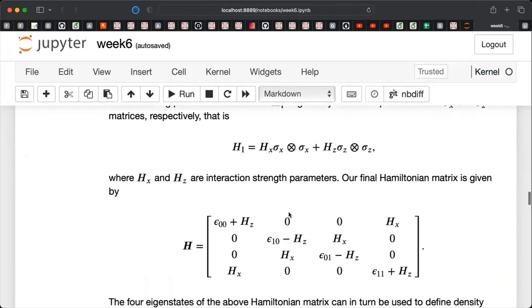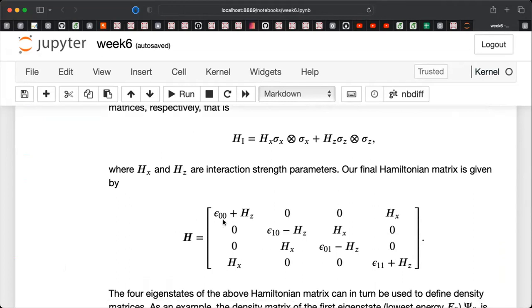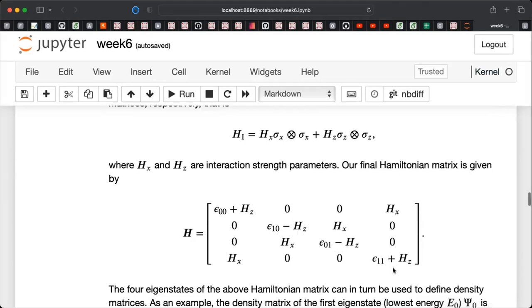So it means that along the diagonal, I will now have an epsilon 0,0 plus this interaction matrix element, which is going to be multiplied with a parameter lambda. And I have this new diagonal, epsilon 1,0 minus this hc, and then I have epsilon 0,1 minus hc, and epsilon 1,1. Actually, this should be 1, exactly.